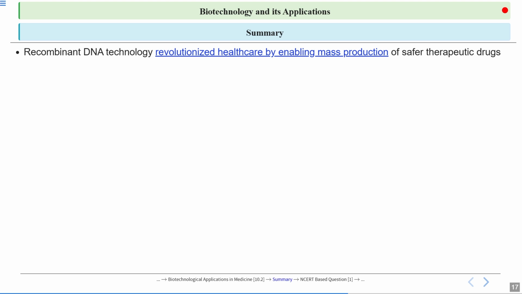So what is the summary of today's class? We have first seen how recombinant DNA technology can revolutionize healthcare by enabling mass production of safer therapeutic drugs. In today's class, we specifically saw how initially we had to slaughter pigs and cattle and extract their insulin, and that can cause side effects.